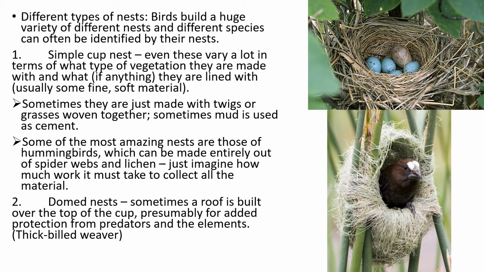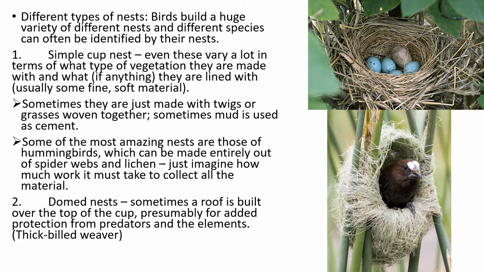So simple cup nests are simple cup-like structures woven with soft materials or something fine, threads, fibers of the plant, grasses, etc. Sometimes they are just made with twigs or grasses woven together. Sometimes mud may be used as a cement, or even sometimes the webs of the spider or algae.